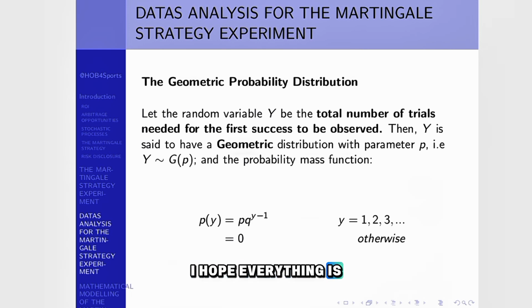I hope everything is clear. Let me just repeat again. p(y), that's the probability of y, is equal to p q to the power y minus 1, for y is equal to 1, 2, 3, and so on. Otherwise, the probability of y is equal to 0.